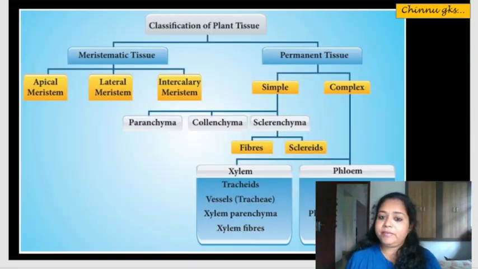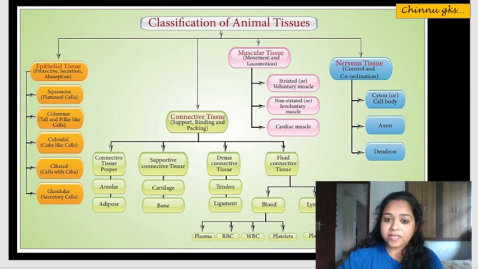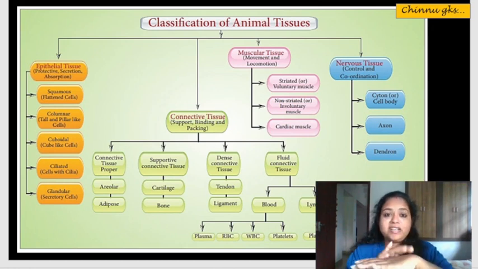Moving further, we will be seeing the classification. I have kept an outline of classification for your reference; we have studied this earlier. This is the animal tissue classification, and we have four major types of tissues. The first one, the protective one, is the epithelial.